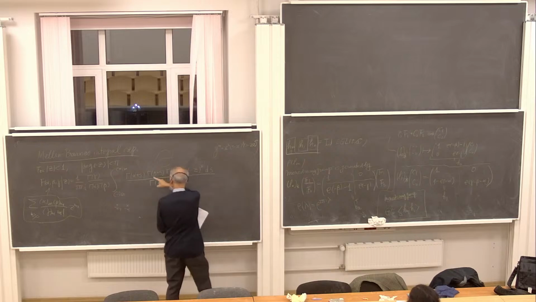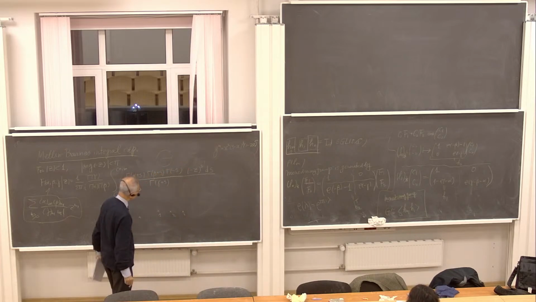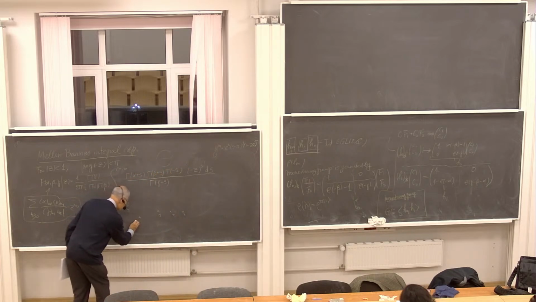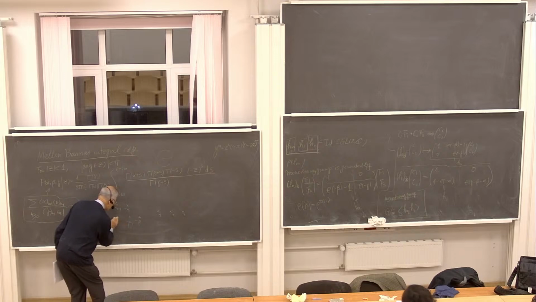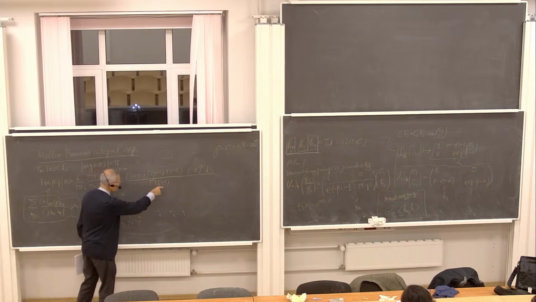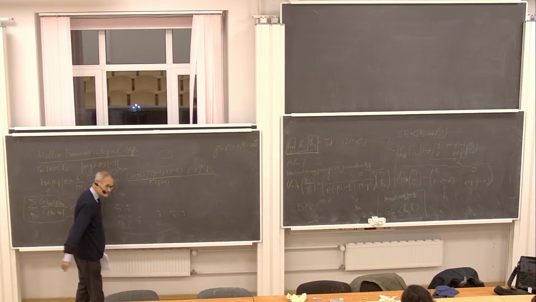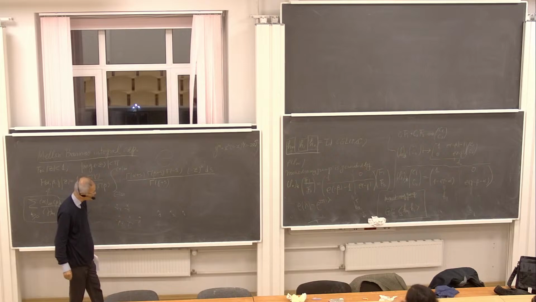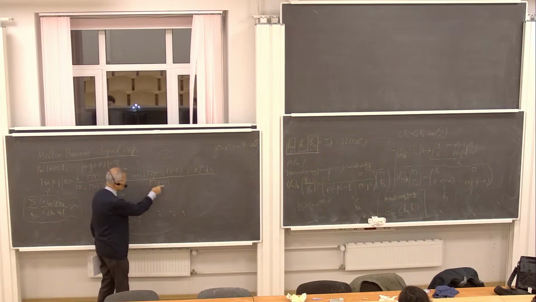So these are positive rational numbers, and minus beta minus 1, minus beta minus 2, etc. The denominator can tend to infinity, so that this may vanish.